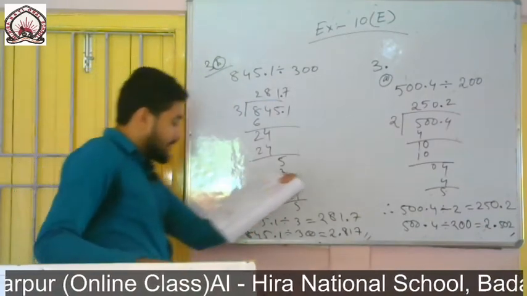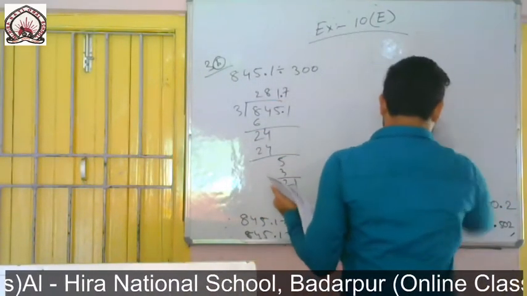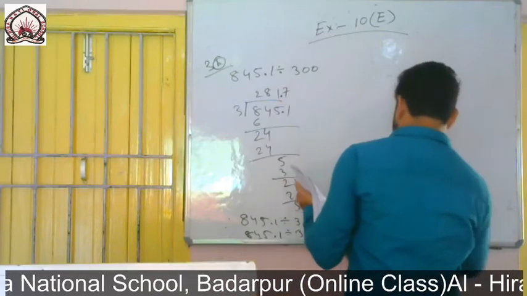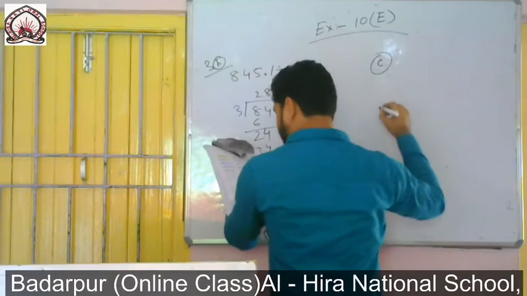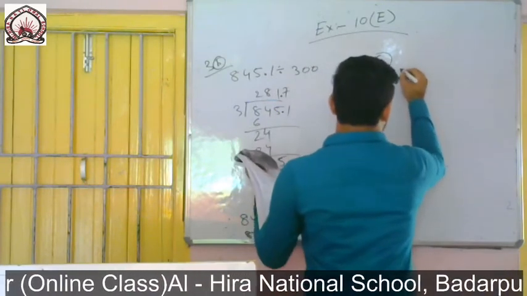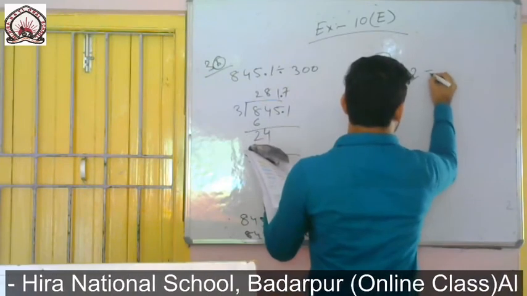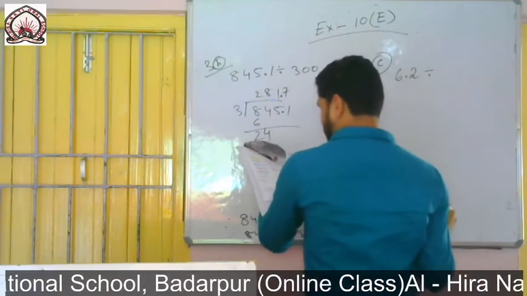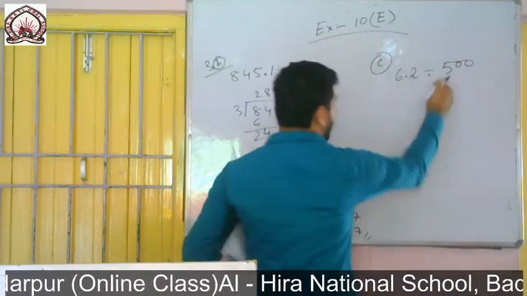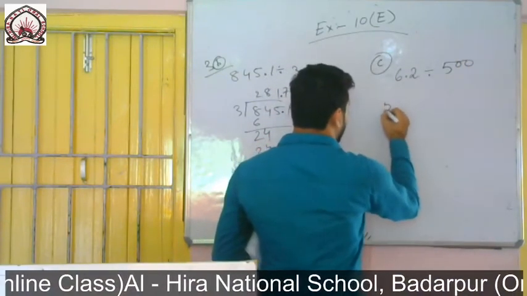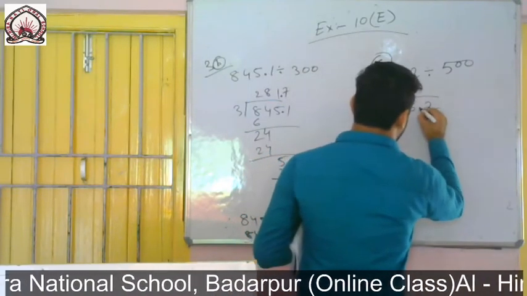Now come to question number 3c. 6.2 divided by 500. So first you divide by 5. 6.2.